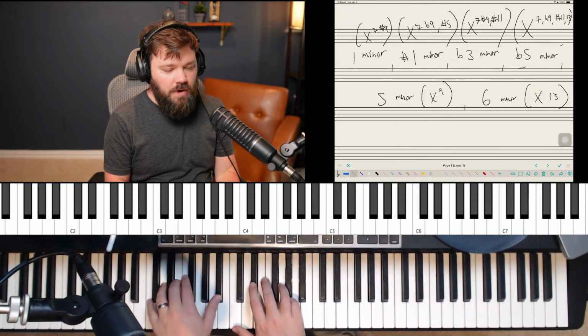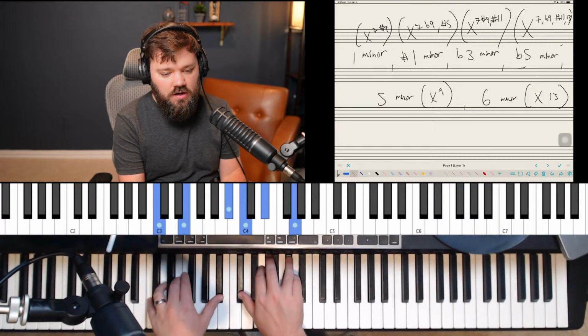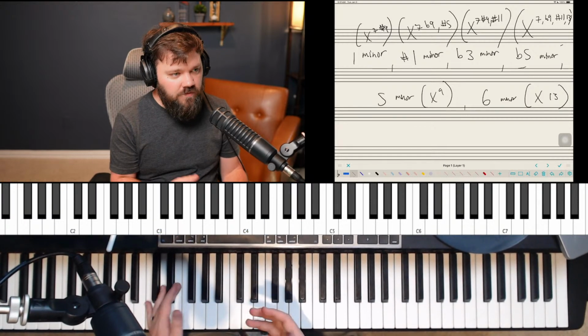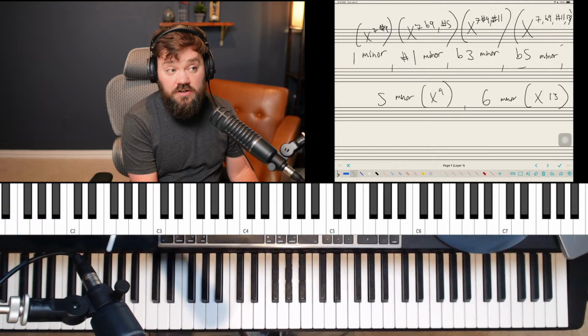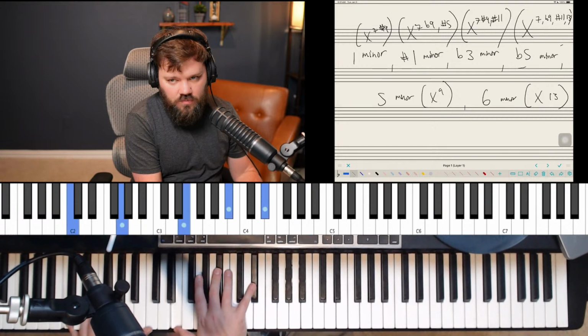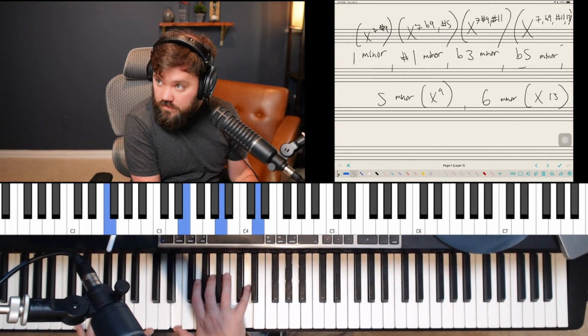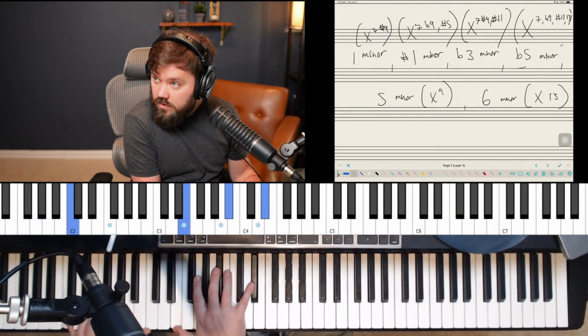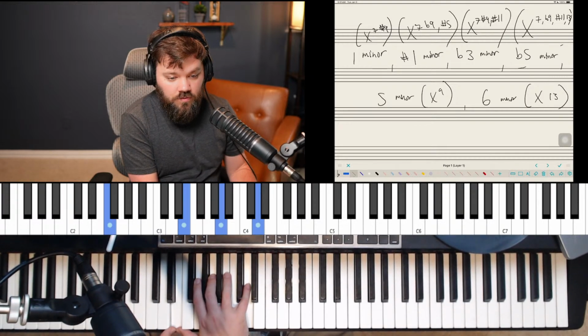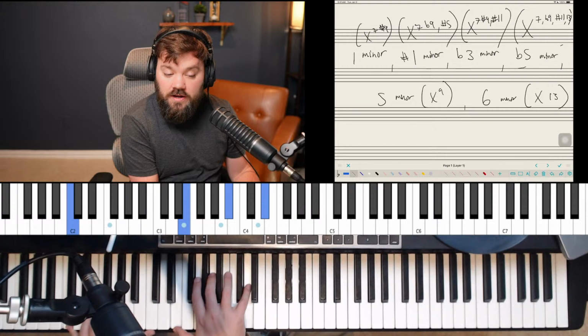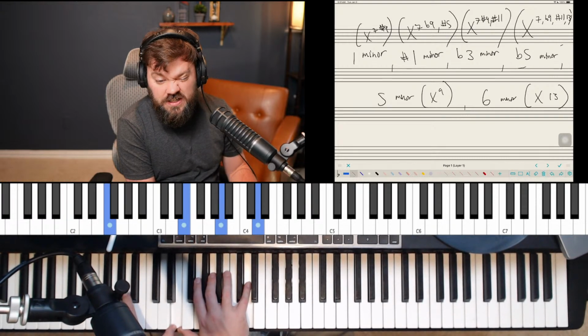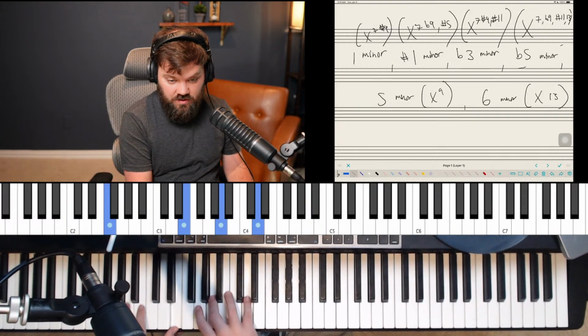So here are our minor versions. So we have minor 1. And I'll give you just an example of how you might use this in just a 5-1 without much explanation. Right, here's our 5-1, sharp 9 to, this is an F major 7 with the 13th.